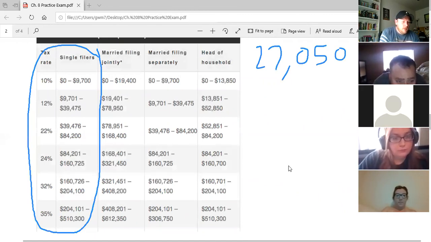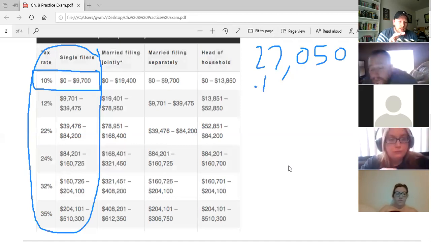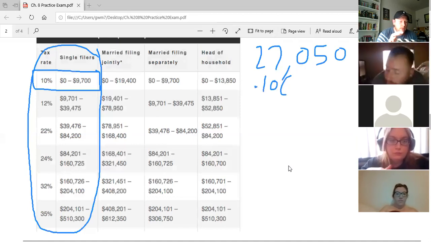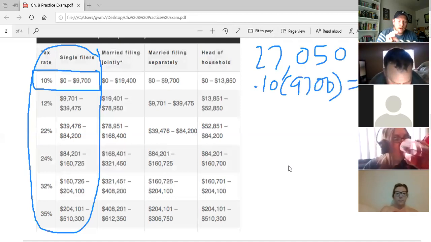The first $9,700, he pays 10% tax. So 10% of the 9,700, and that is $970.